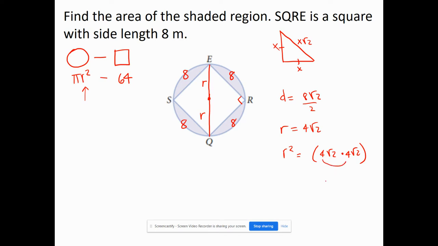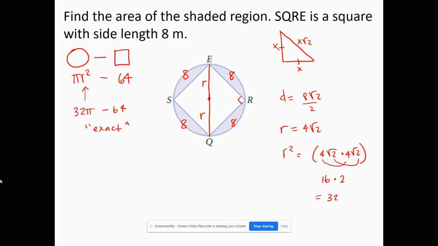We just do 4 times 4, and then root 2 times root 2, which is just 2. So this is actually doable without the calculator. It's 32. So that means we have 32 times pi minus 64, which is the exact value if we don't use a calculator, and it sets us up easily to go to our calculator.